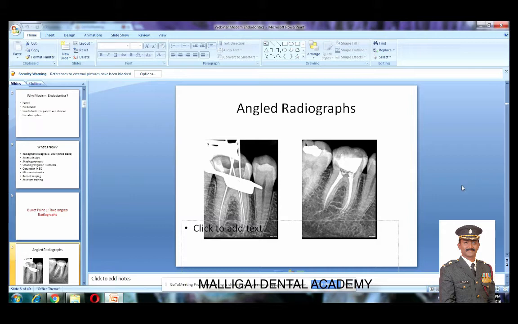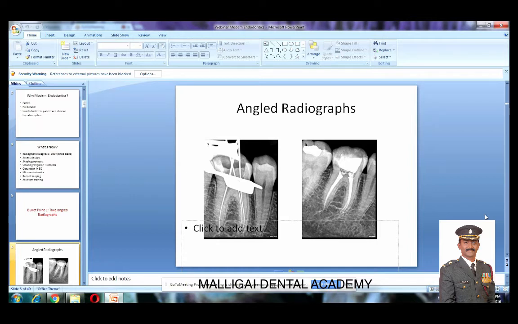Advantage of this technique, you get to corroborate your correct length in each and every canal without having a CBCT taken. Even on a radiograph, you can measure the radiographic working length accurately in each and every canal, whether it is mesiobuccal or mesiolingual. The second radiograph that you see on the screen is the obturation radiograph of the same patient.